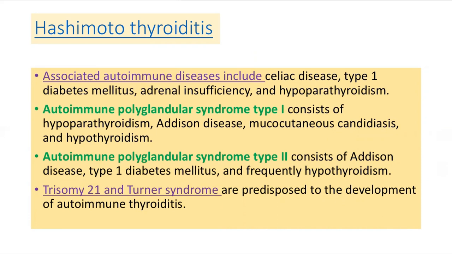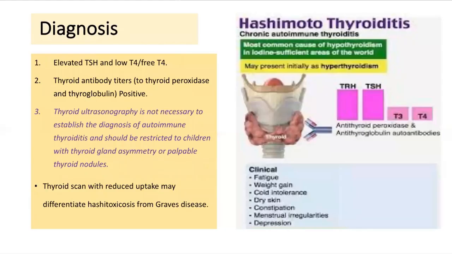في حاجة اسمها autoimmune polyglandular syndrome type 1 و autoimmune polyglandular syndrome type 2 ممكن يبقوا associated with hypothyroidism. فبنشخص ازاي؟ بنلاقي elevated TSH و low T4 و free T4، وبنعمل thyroid antibody titers to thyroid peroxidase and thyroglobulin بنلاقيها positive.